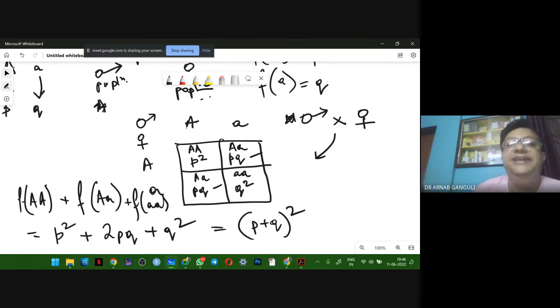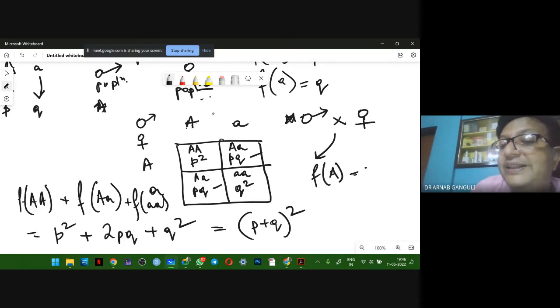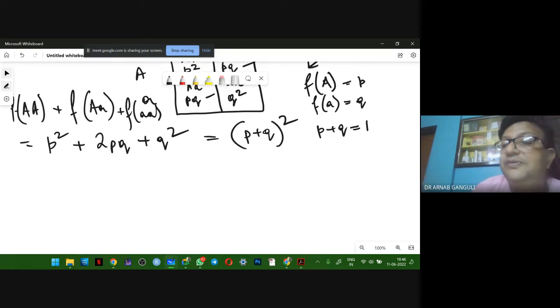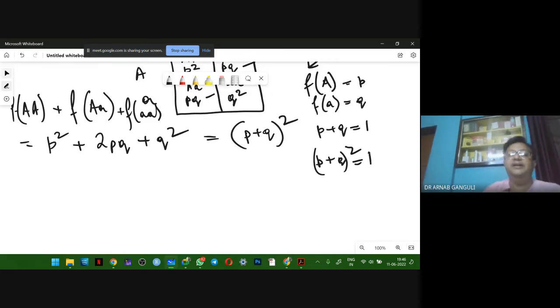The funny part is, frequency of A is equal to P and frequency of small a is equal to Q. One thing is, P plus Q is equal to 1. So P plus Q whole square will also be equal to 1.